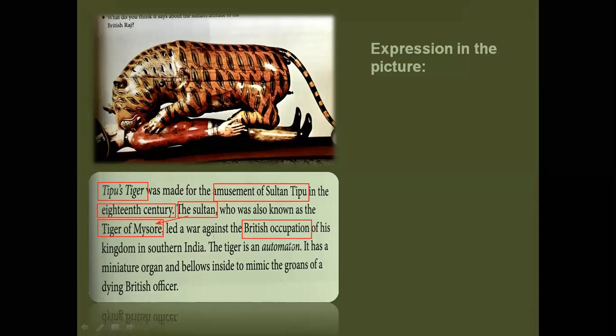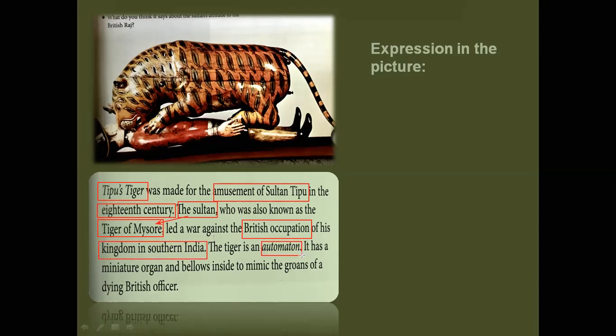At that time, do you remember that India was for a long time a colony of Britain? You know the history. So he led the war against the British occupation of his kingdom in southern India. He was the leader of the southern Indian people's war. But the tiger is an automaton. What is an automaton?